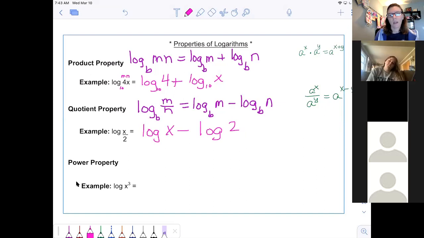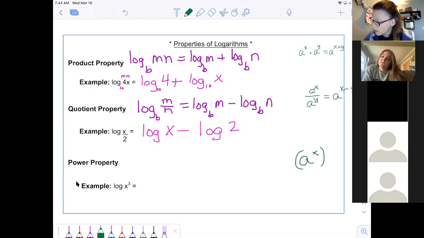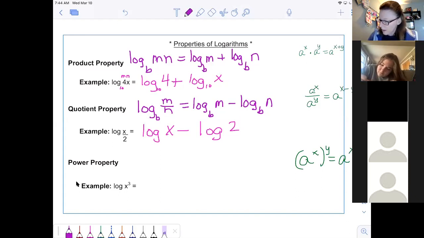So the last property that we are looking at is the power property. And that's when we had a to the x to the power of y, and we multiplied the exponents together. We took x times y. So as a log, we have log base b of m to the power of n.